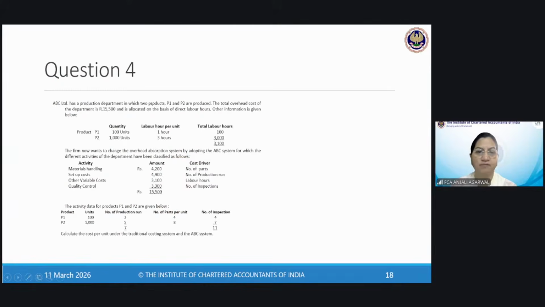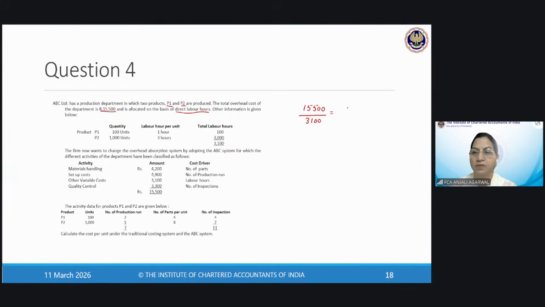Let us understand this further through a question. ABC Limited has a production department in which two products, P1 and P2, are produced. The total overhead cost of this department is 15,500. And the traditional method of allocating this is direct labor hours. So total labor hours was 3,100. 15,500 was the total cost, and 3,100 hours the labor has worked.